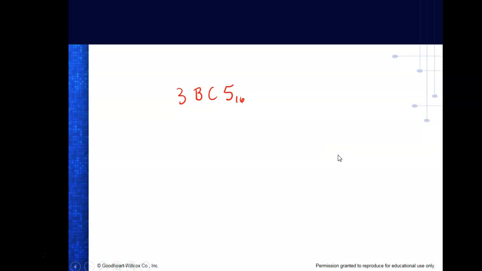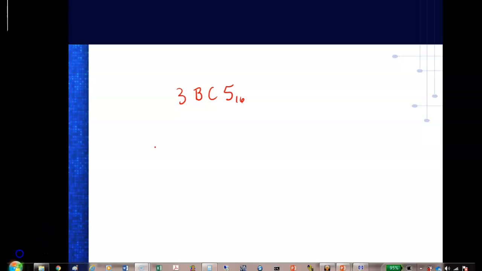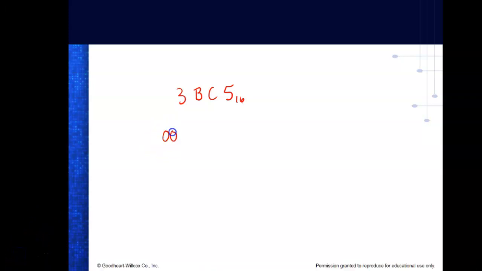Y'all convert that to binary for me. Right, 0, 0, 1, 1, 1, 0, 1, 1, right? What's next? 0, 0, good. And that would be base 2. So those two numbers are exactly equal to each other. We're just looking at the same number in two different bases.